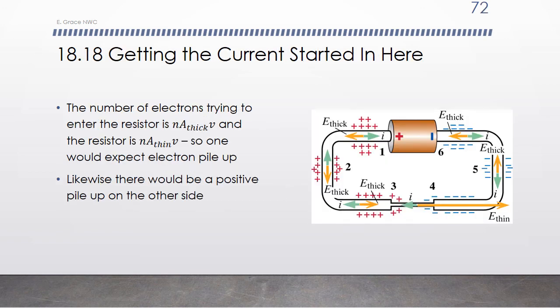All right, let's say the nichrome wire is here, and if it's acting like a resistor, you're going to have that big gradient of charge again. So the number of electrons trying to enter the resistor would be N a thick v, and the resistor is N a thin v, so one would expect electron pileup, and likewise there would be a positive pileup on the other side, making that really big charge gradient.